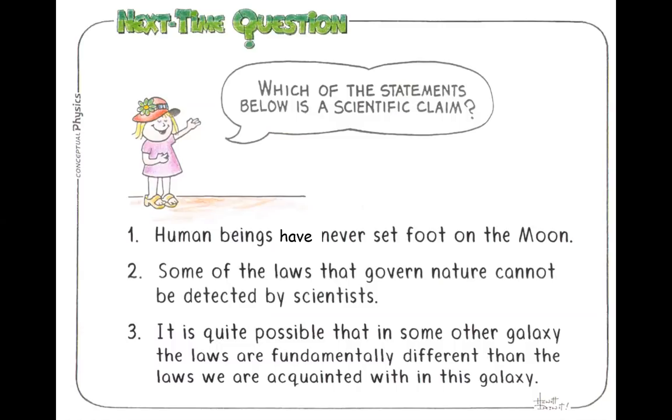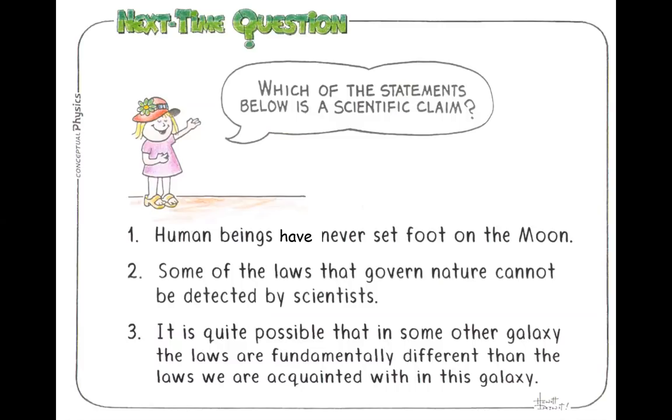What about number 3? It is quite possible that in some other galaxy, the laws are fundamentally different than the laws that we are acquainted with. Some other galaxy. Where have we heard a phrase like that one? Someday, humanity will evolve into a higher form of consciousness.